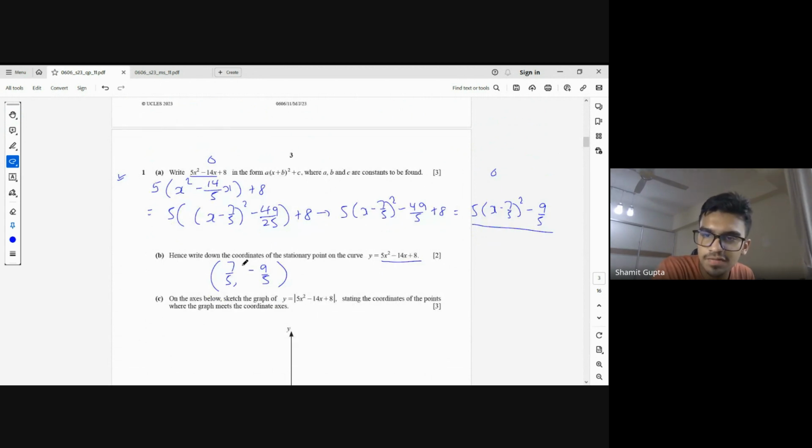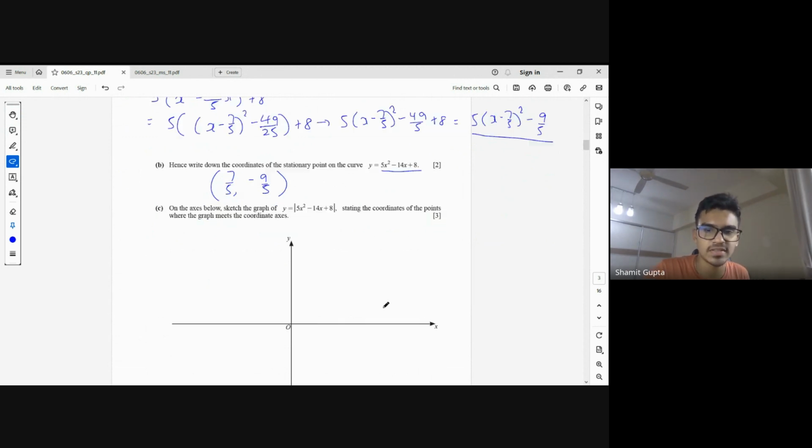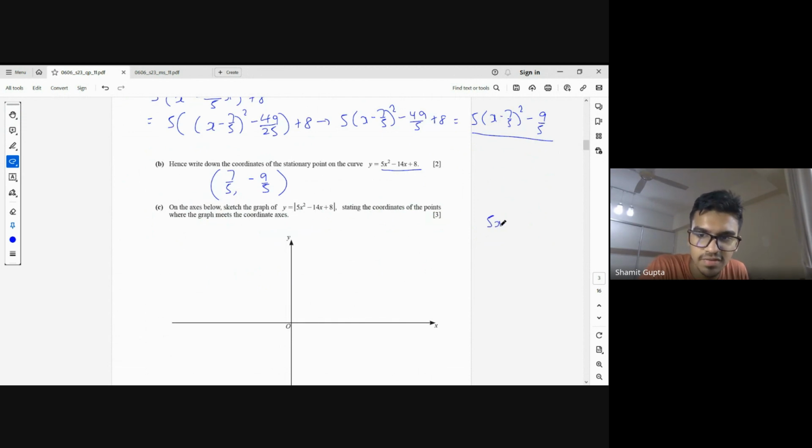First we need to find the turning points. So we need to find the x-intercepts also. The x-intercept will be when y is equal to 0. So 5x squared minus 14x plus 8 equals 0. You will get 5x and x. You can just use a calculator for this literally.